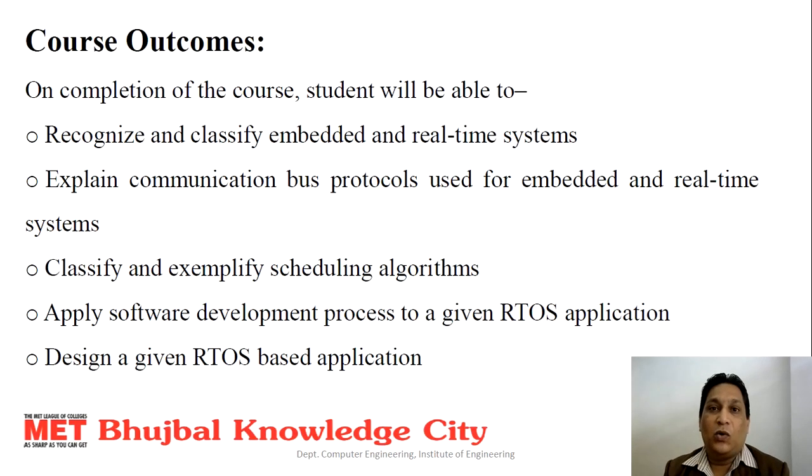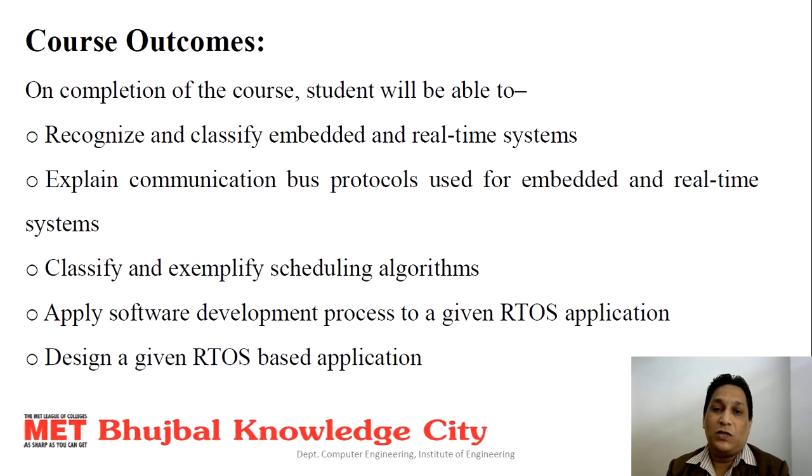Let us understand the course outcomes. On the completion of this course, the student will be able to recognize and classify embedded systems and real-time systems, for which we can get the classification from this. Explain communication bus protocols used for embedded and real-time systems.